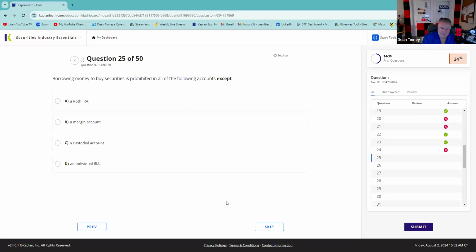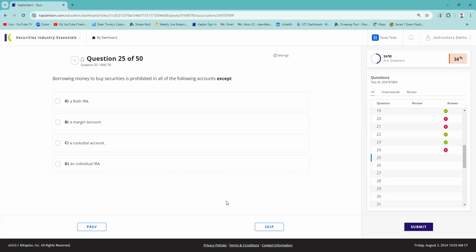Borrowing money to buy securities is prohibited in all the following except. Is it a custodial account?